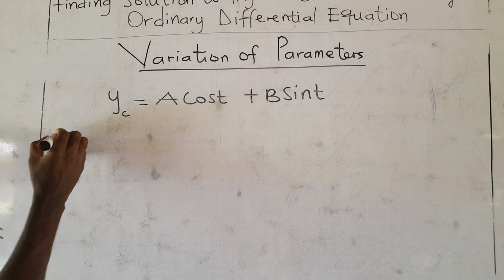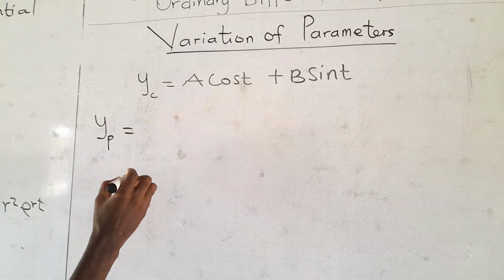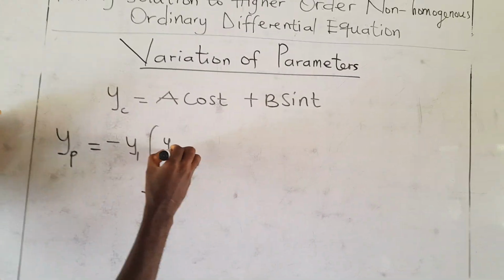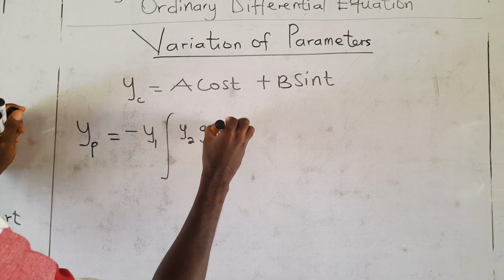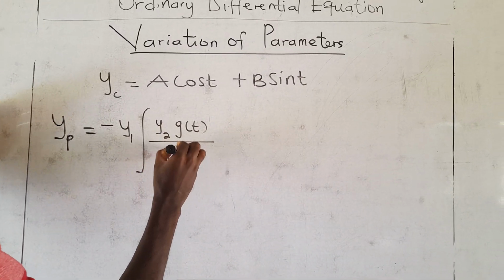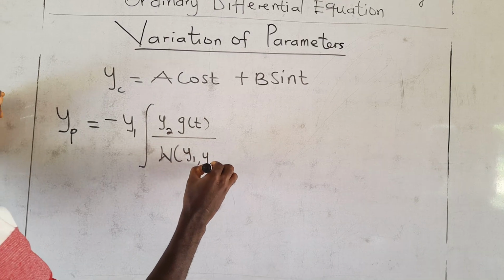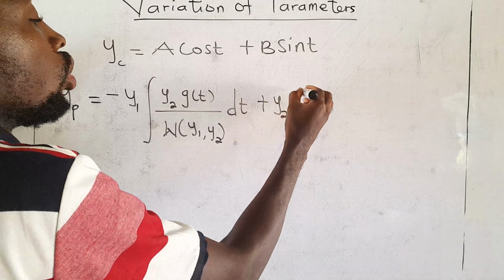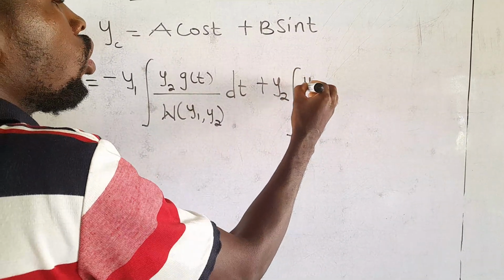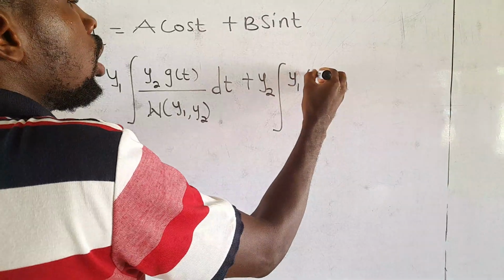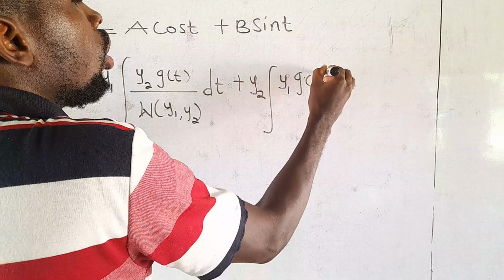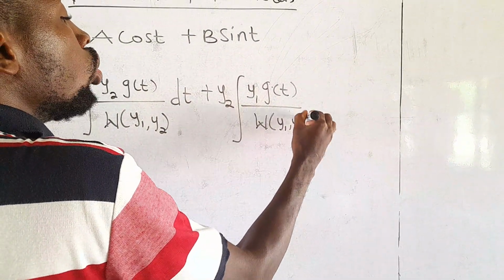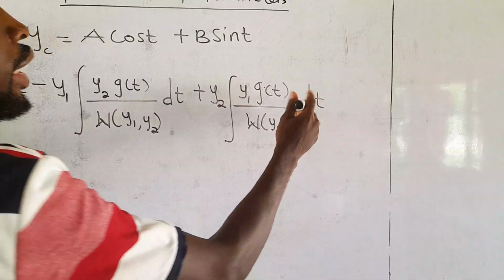And we say that the non-homogeneous part will be equal to negative y1 times the integral of y2 g of t over the Wronskian of y1, y2 dt, plus y2 times the integral of y1 g of t over the Wronskian of y1, y2 dt.